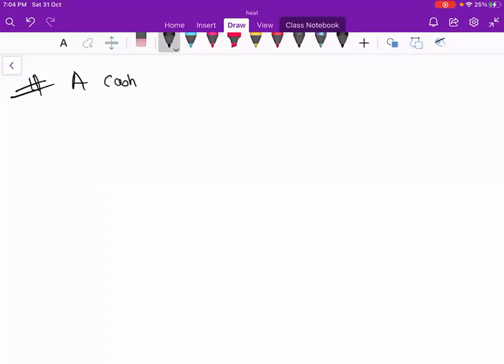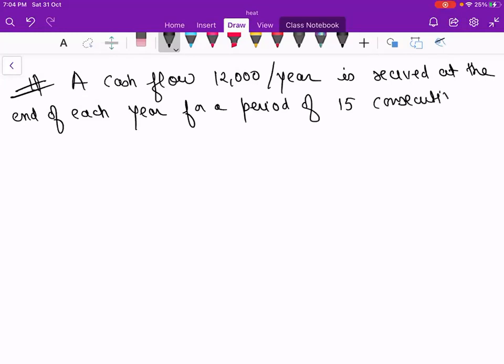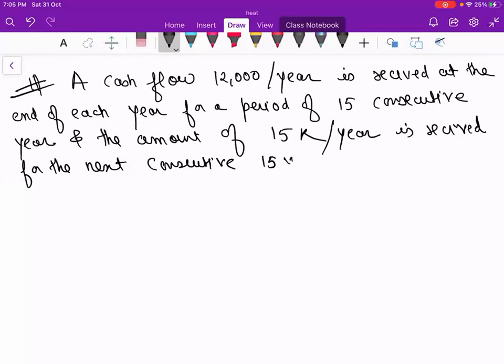Okay, write the question. A cash flow of 12,000 per year is received at the end of each year for a period of 15 consecutive years, and the amount of 15,000, that is 15k per year, is received for the next consecutive 15 years.